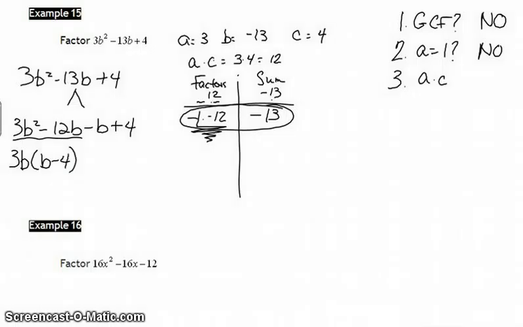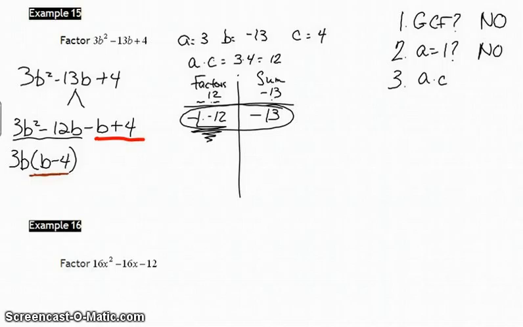Looking at my second two terms, I have negative b plus 4. Well, the greatest common factor is going to be a 1, but I need to decide if I'm going to factor out a positive 1 or a negative 1. What I need to remember is that my common binomial has to match exactly.